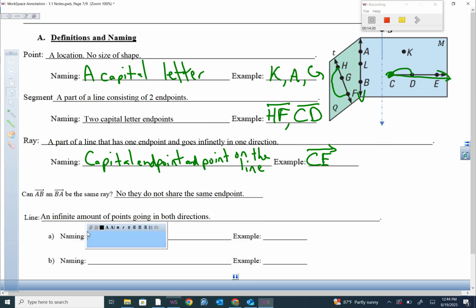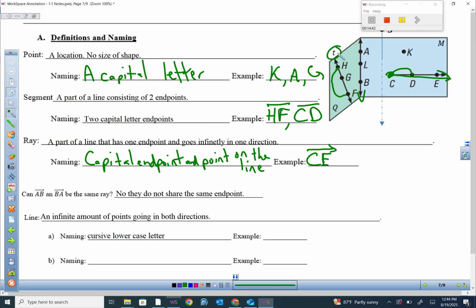One way is a cursive lowercase letter. So, example, look for a lowercase cursive letter, but really look for the line that's attached. So line T with the cursive would be an example.